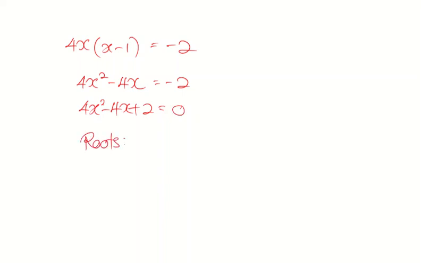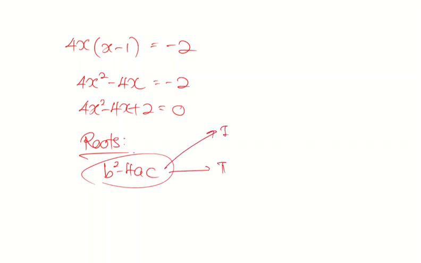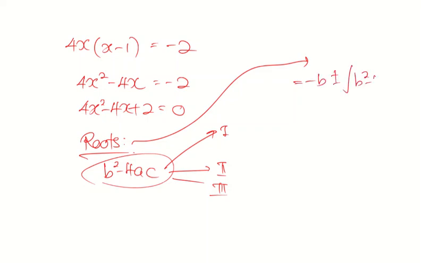You need to determine the roots by using b squared minus 4ac? This is not the roots. b squared minus 4ac is called the discriminant, to determine whether it is type 1, type 2, or type 3. The formula for the roots is negative b plus or minus the square root of b squared minus 4ac, over 2a.